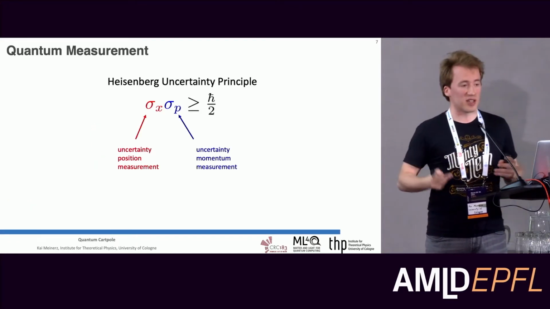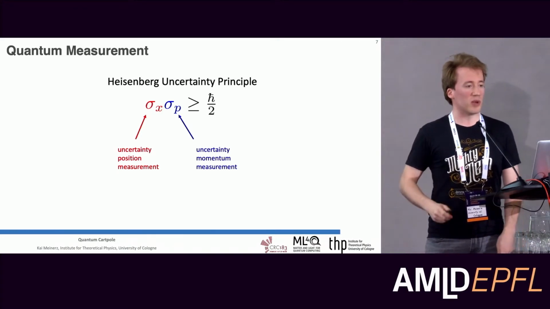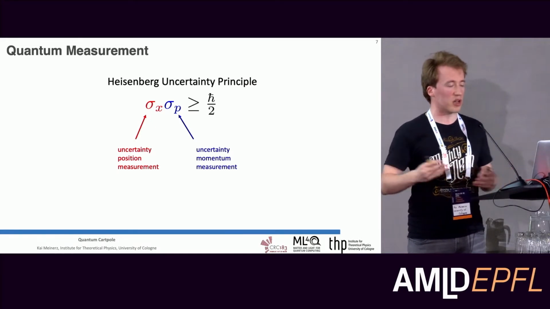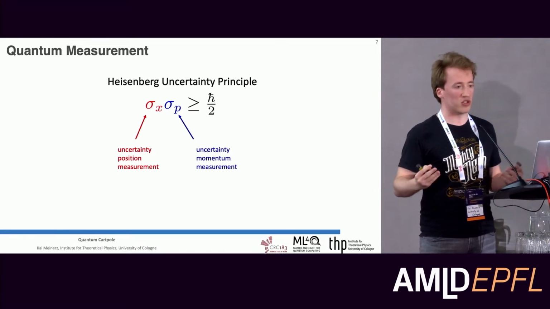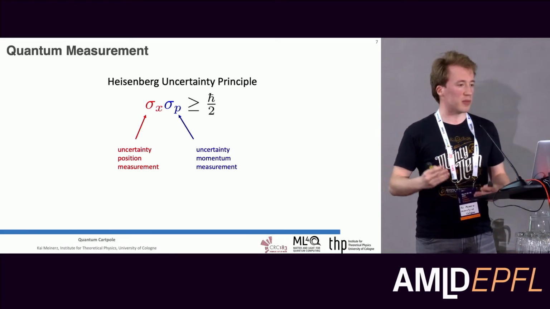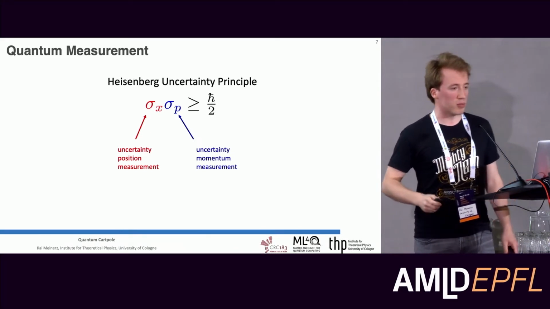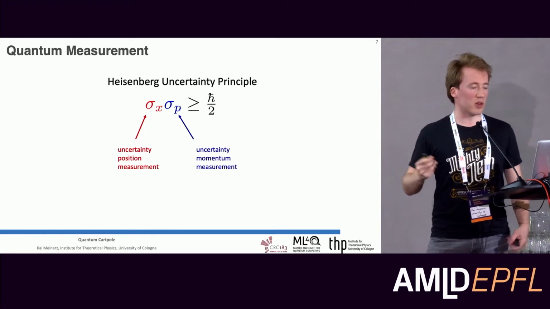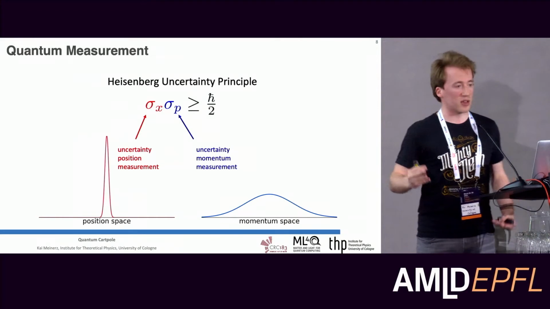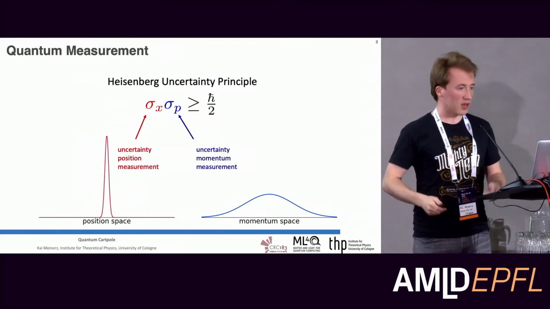But it's not as easy as it sounds, because there are two problems we are facing. First of all, we have the general problem of the uncertainty principle, which tells us that position and momentum are given by Gaussian distributions. The standard deviations of those distributions are related by the uncertainty inequality, which tells us the product of both deviations is greater than or equal to h bar over two. This just means that if we have a sharp position distribution, we will have a wide momentum distribution, and the other way around.